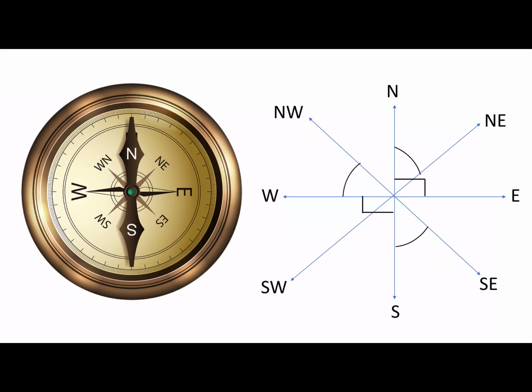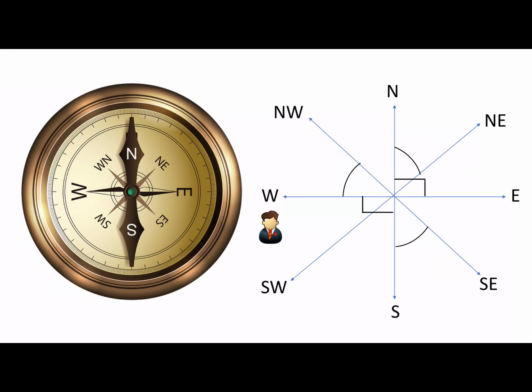Now, these directions are important in bearings. Let me demonstrate. Let's say there's a person standing here, and his friend is standing somewhere to the east of him. Where will his friend be? One possible position is here.